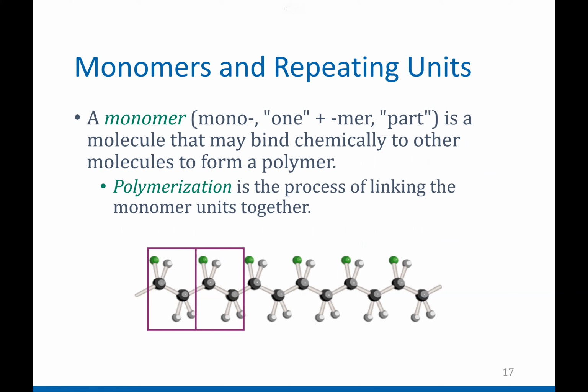But they are typically fairly reactive, and they can bind chemically to other molecules, typically other monomers, to form a polymer. That process of creating a polymer is called polymerization. Polymerization, kind of a big word, but it's the process of linking monomer units together, these building blocks together, to form a larger compound.